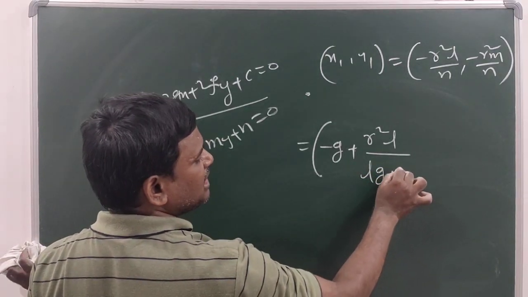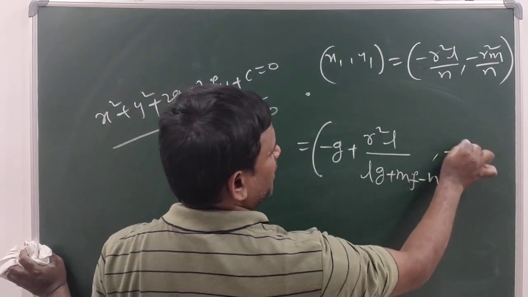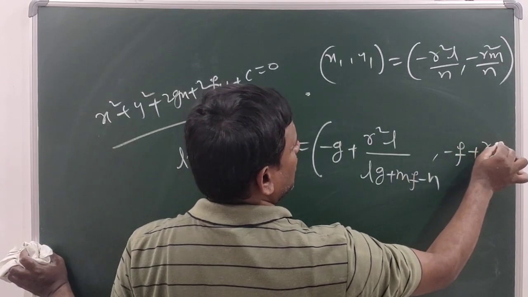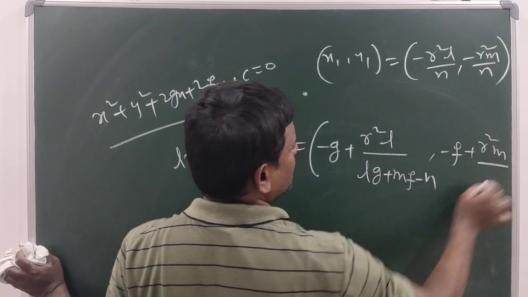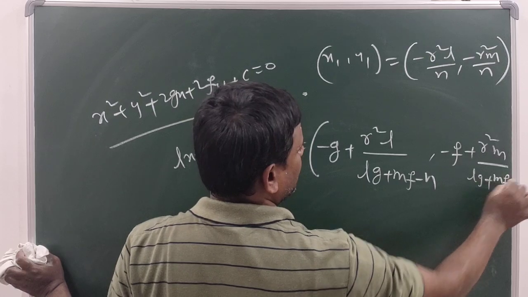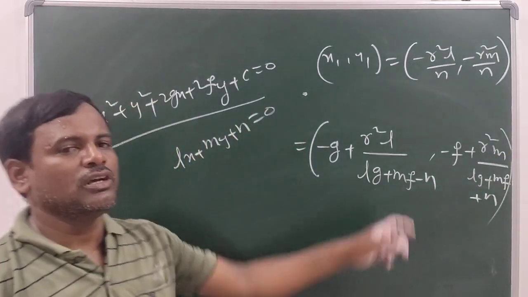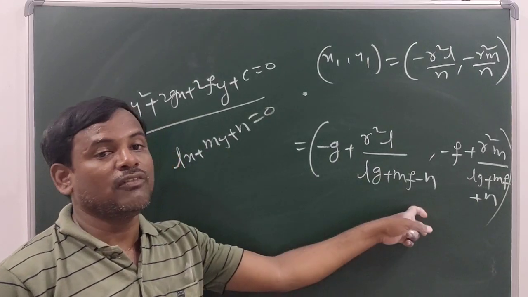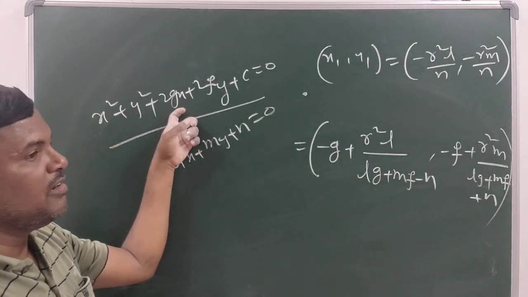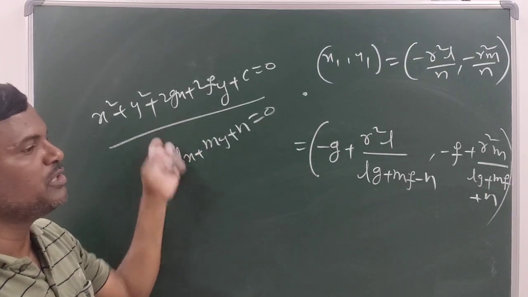You will get lg plus mf minus n. This is also called the pole of this polar with respect to this circle.